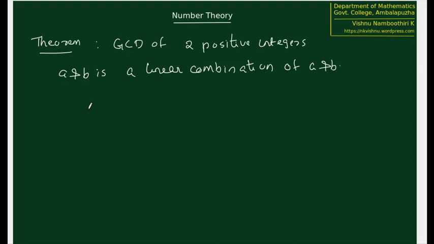Okay. So what we need to show is that the GCD of A and B is a positive integer of the form am plus bn for some m and n.